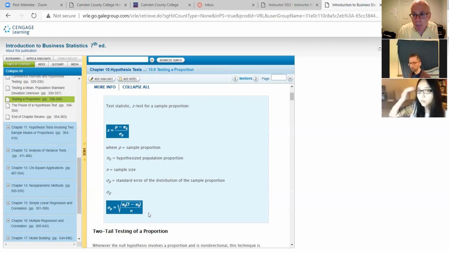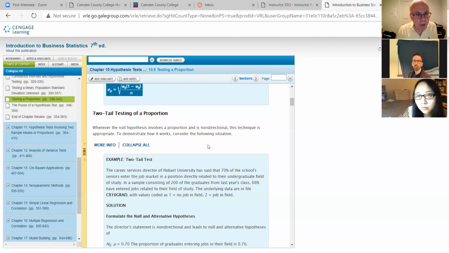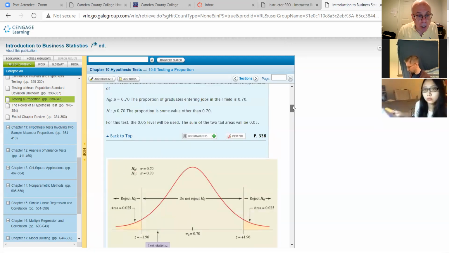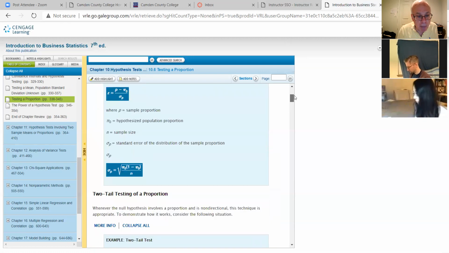But we do have a hypothesized value in the null hypothesis when we say it's equal to some number. And that proportion we're going to stick right into the formula. All right? Make sense? We always prefer putting in the population proportion in the formula. All right. I'm assuming that no response means you understand. Two-tail testing of a proportion, of course, requires us to use two tails instead of one tail, but we'll get to that in a second.